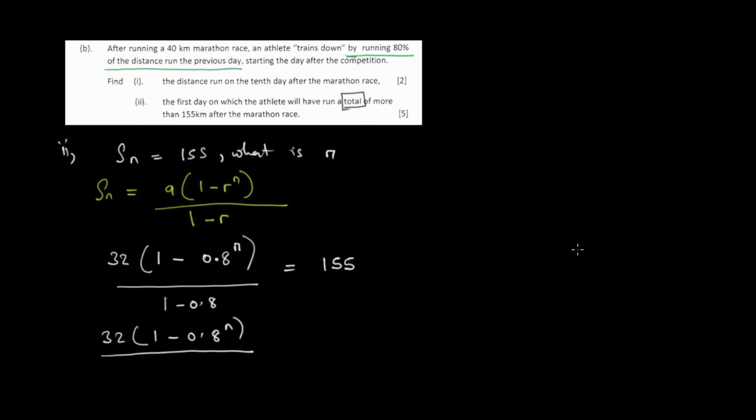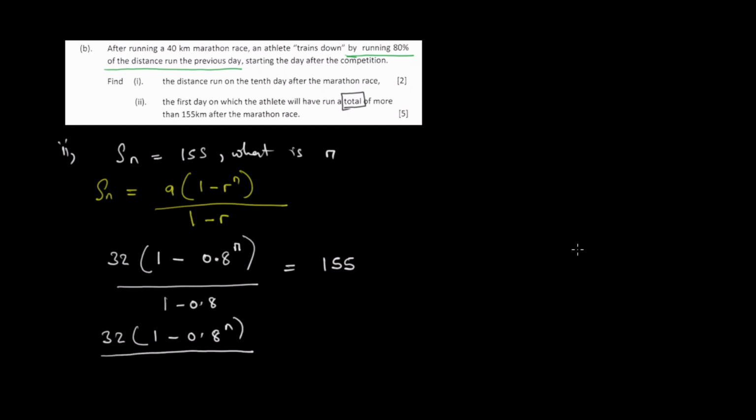So tikaverenga question iyi carefully tinoona kuti zviri kutaurwa panapa ndezvekuti tikaedha 32 plus 25.6 plus and so forth, toda kuziva kuti total yedu ichazosvika pa 155 after how many days. And that is the essence of this question.